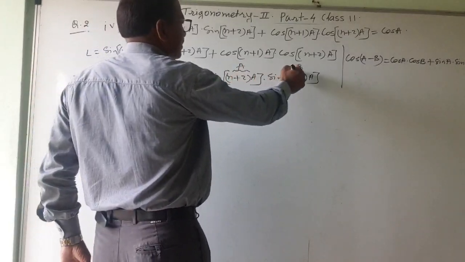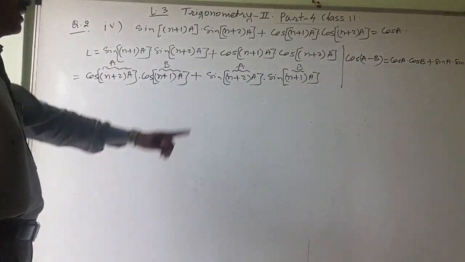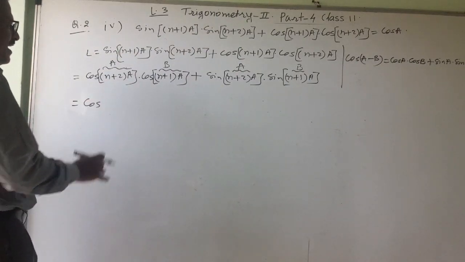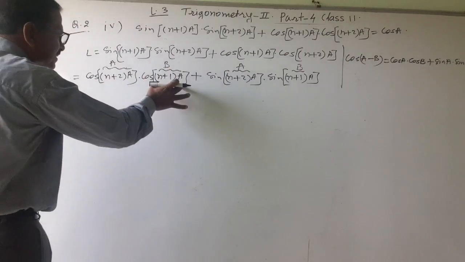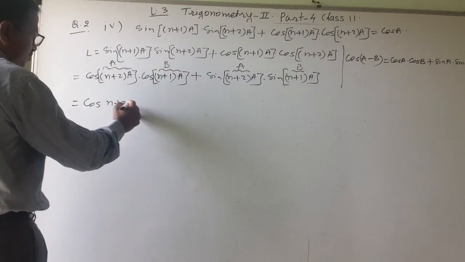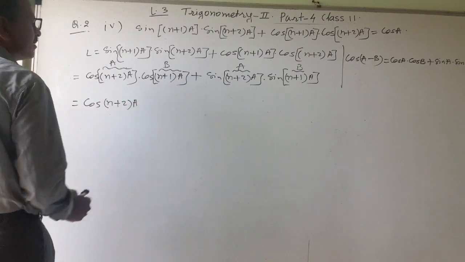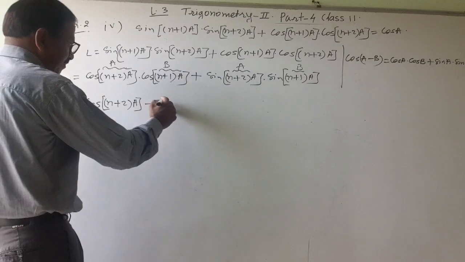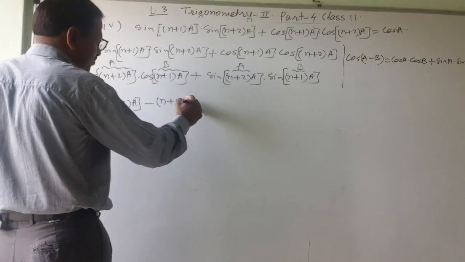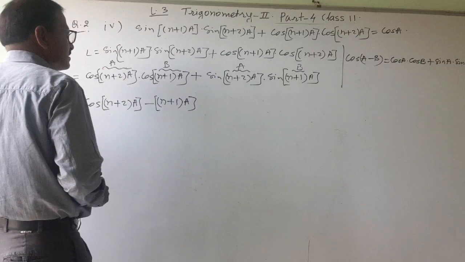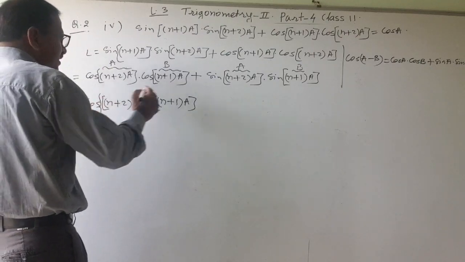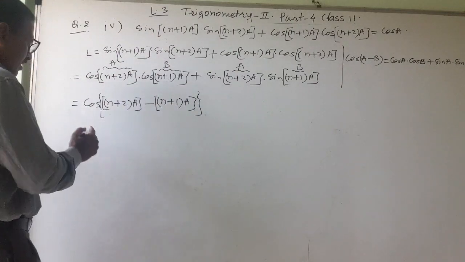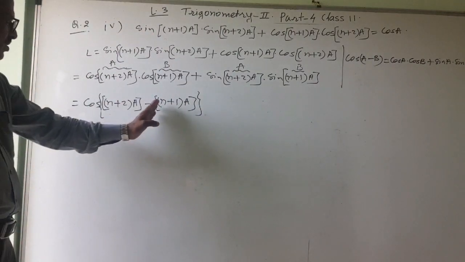So hope you can solve it now. So it is the expansion of cos of a minus b. This is equal to cos of a minus b, where a is (n plus 2) into a, minus (n plus 1) into a. That is equal to, now a is throughout common.